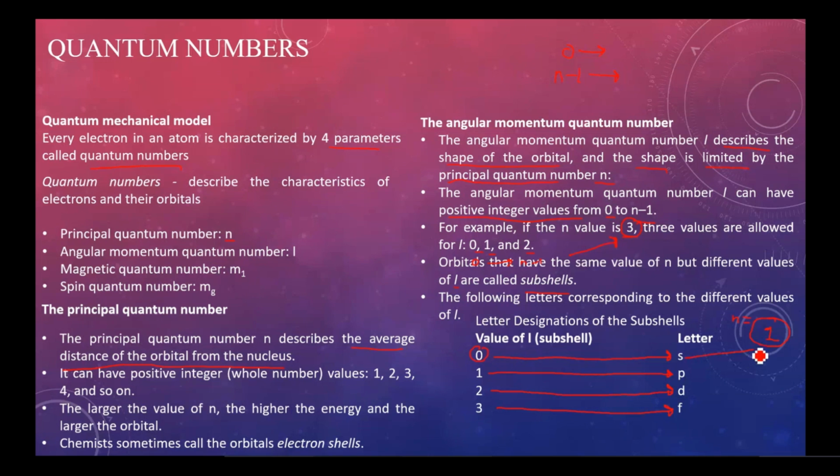So I can only have one subshell in this principal quantum number, in this orbital. So the subshell that would be part of the first orbital would only be the letter S.